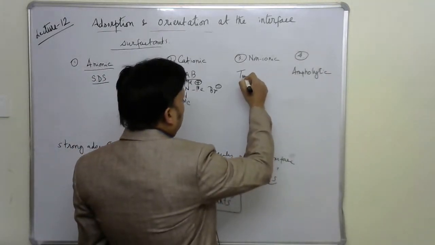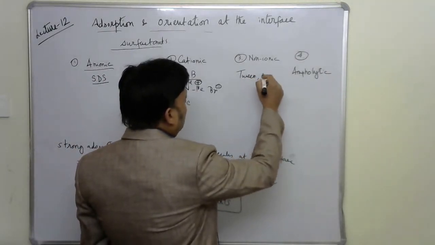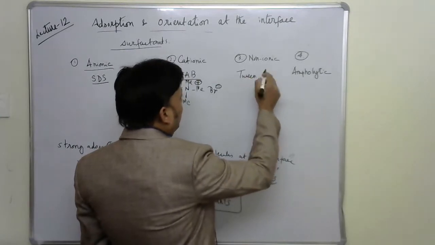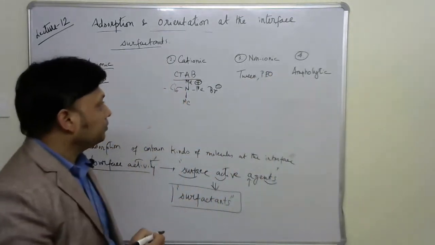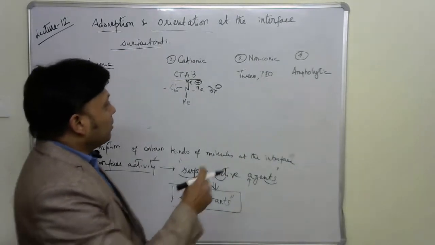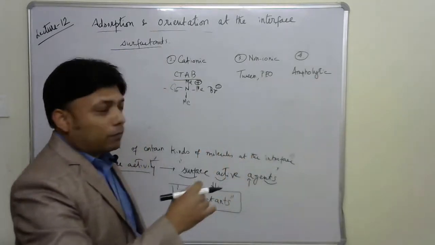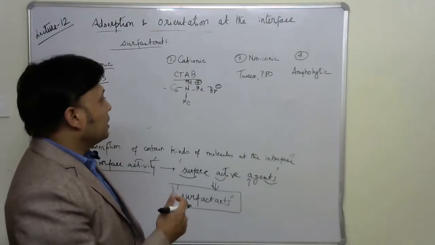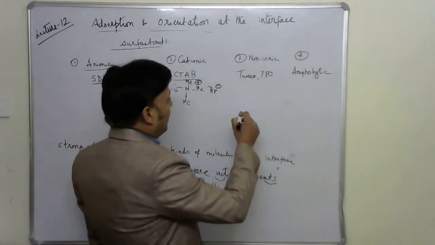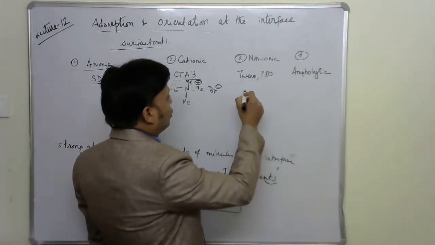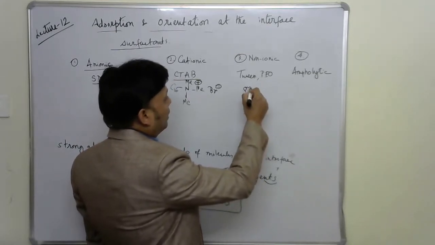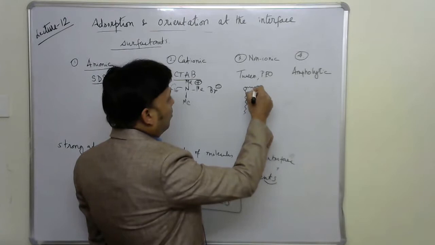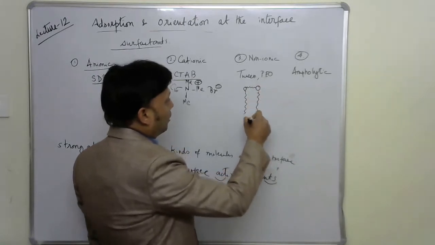Their structures are complex, so I cannot draw them. Examples are something like Tween or polyethylene oxide. Basically these are kind of block copolymers. It has a long tail hydrocarbon chain, then oxygen and ether linkage, again some hydrocarbon group, again oxygen and some long tail hydrocarbon.